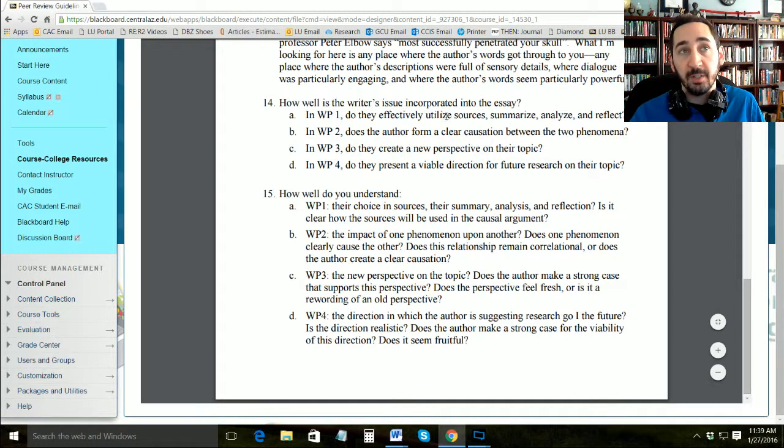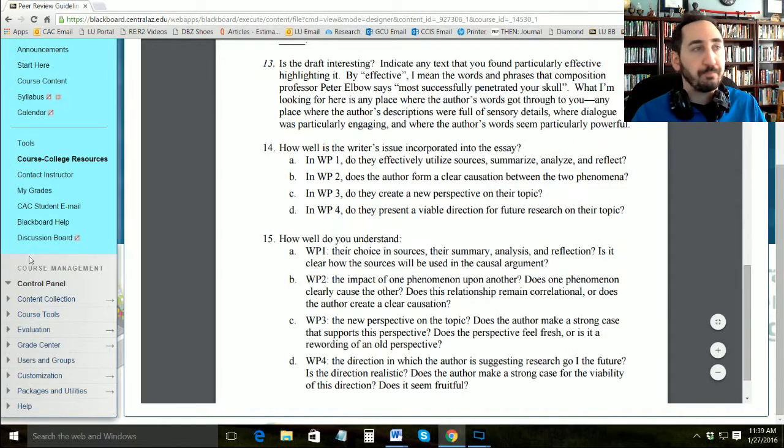How well is the writer's issue incorporated in the essay? Do they effectively utilize sources, summarize, analyze, and reflect? So you come back and you might number it 14A. In your annotated bibliography, I felt like your sources were utilized effectively, but I didn't quite understand the summary for article number 1 or article number 2, and provide them some feedback.